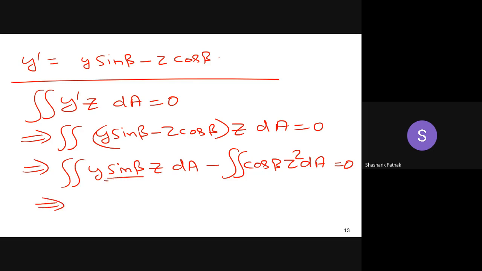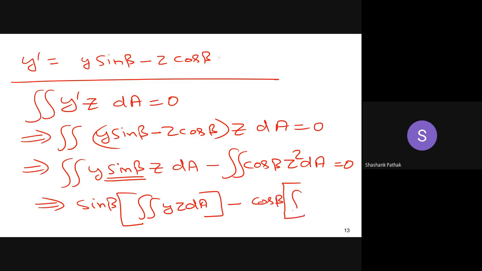You know that beta is constant, it is not changing with the area, so you can take it out. So sine beta times area integral of y z dA minus cos beta times area integral of z square dA becomes equal to 0.